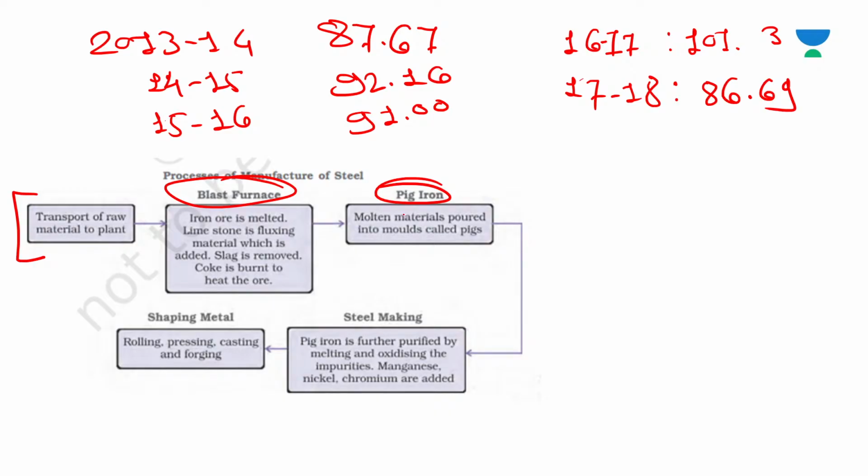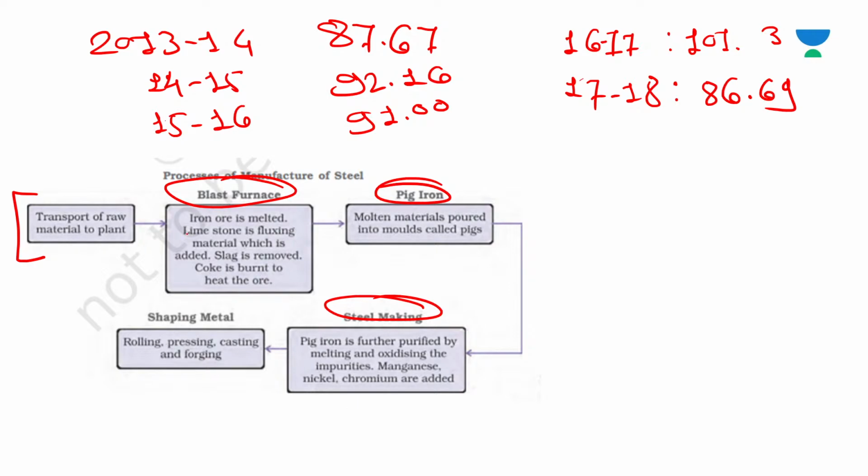Then steel making, where pig iron is further purified by melting and oxidizing the impurities. Manganese, nickel, chromium are added.